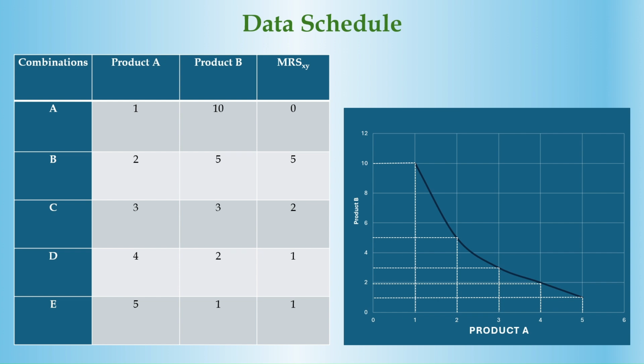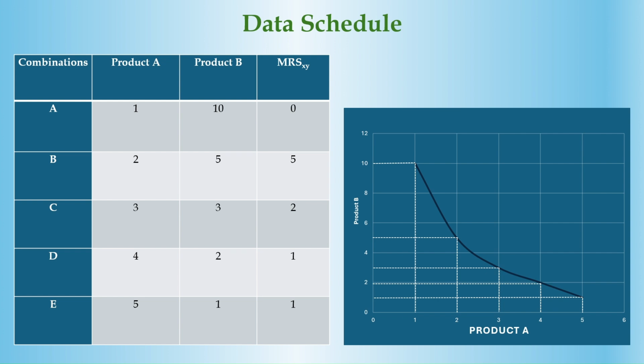If he wants the same level of satisfaction all along the curve, he has to go with the combinations. In combination C, product A is 3, product B is 3. Again, product A increases, product B decreases, meaning the MRS is 2 right here. And in all the combinations, there is the same level of utility.